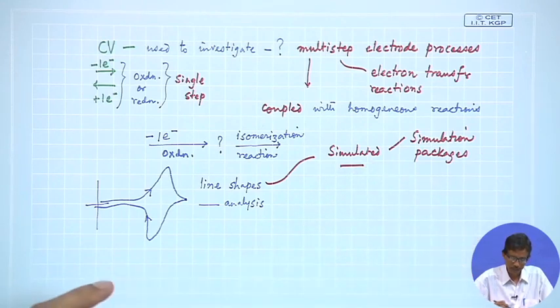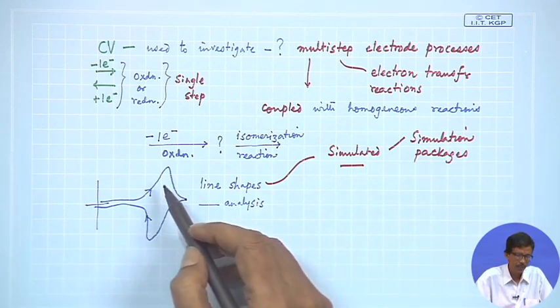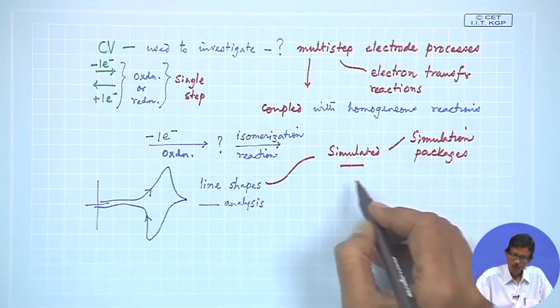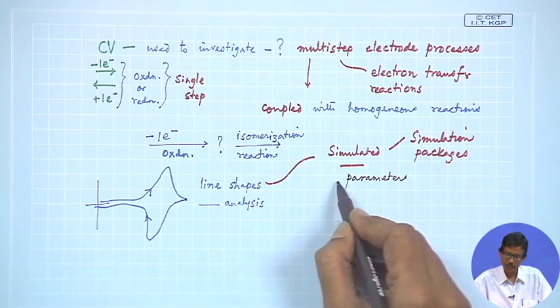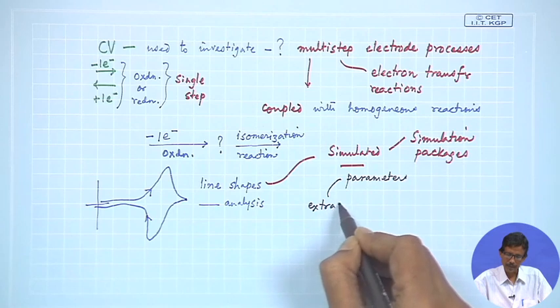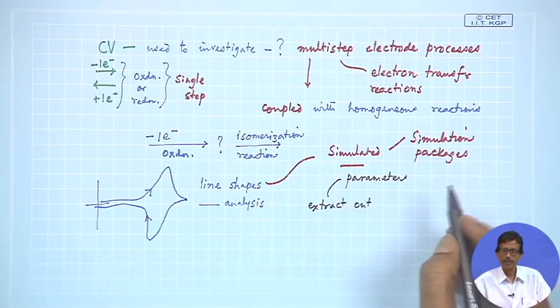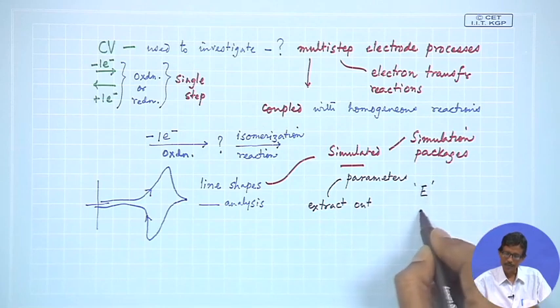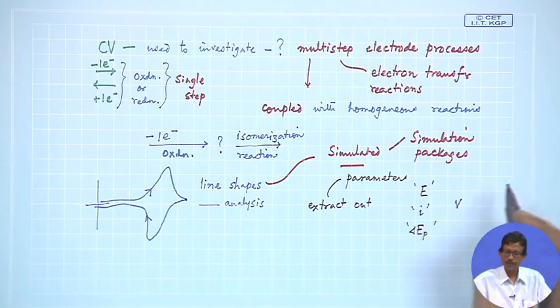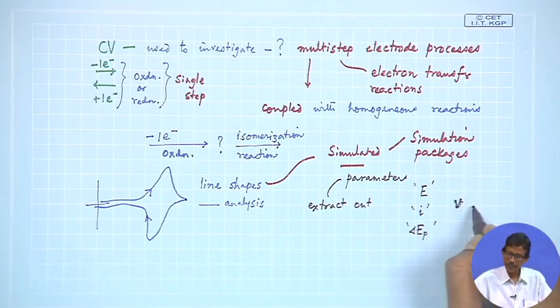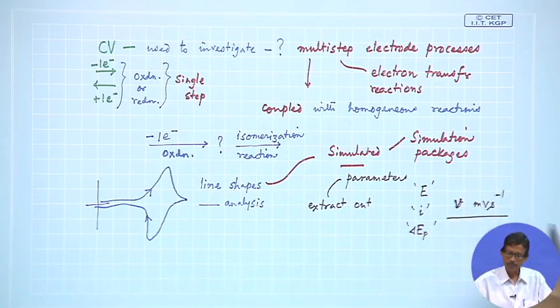So, this simulated spectrum, the theoretically predicted spectrum, has exact line shapes matching with that obtained experimentally. So, we can extract different parameters like the potential, the current, the delta EP, and how they depend on one particularly important thing, the scan rate, small v, in millivolt per second scan speed.